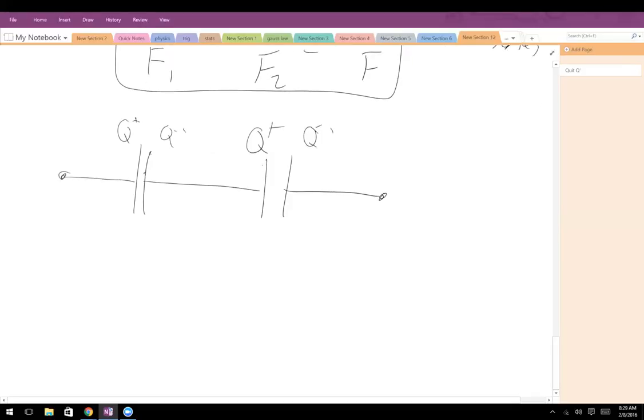Right? So this plate has F1, this plate has F2. If I think about the potential difference from end to end, it's going to be whatever it is on the first one plus whatever it is on the second one.